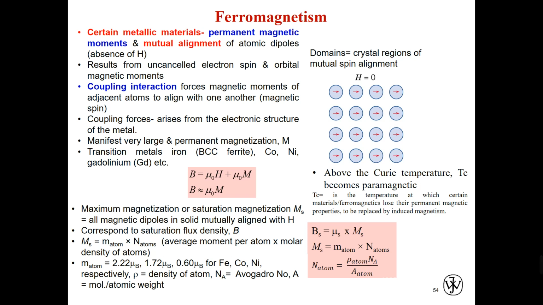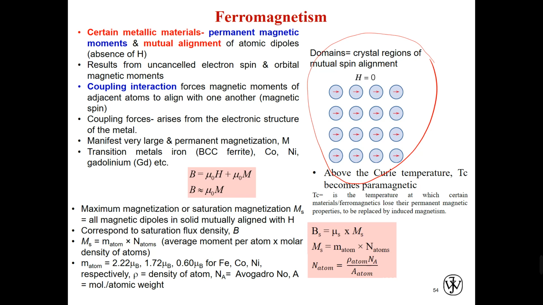These are the domains, or the crystal regions of mutual spin alignment, for ferromagnetism. Maximum magnetization, or saturation magnetization Ms, occurs when all magnetic dipoles in the solid are mutually aligned with H, corresponding to the saturation flux density Bs.